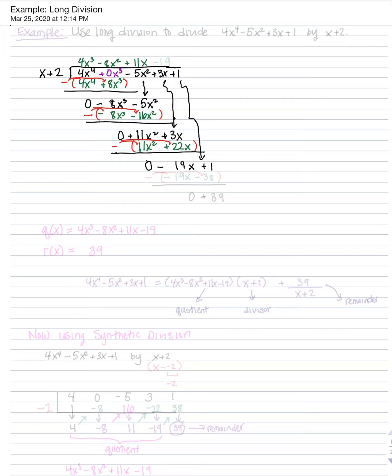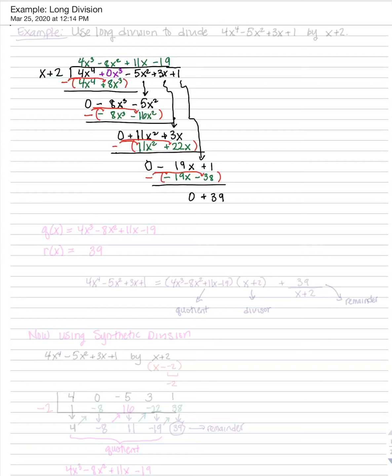So we have minus 19. So this gives us negative 19x minus 38. Go ahead and do our subtraction. Distribute it to both parts. And we'll have 0 plus 39.